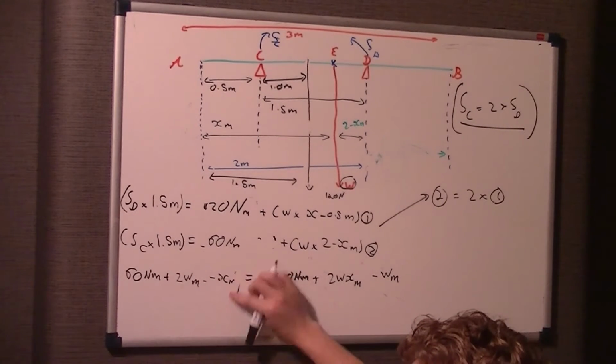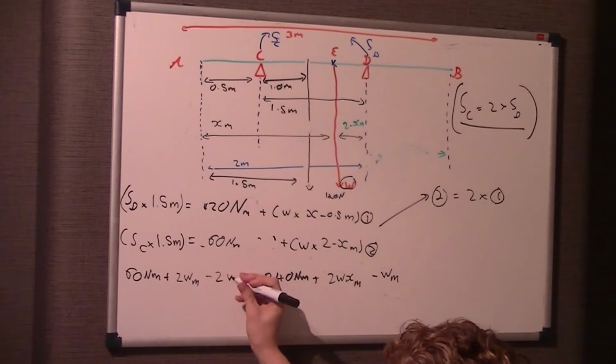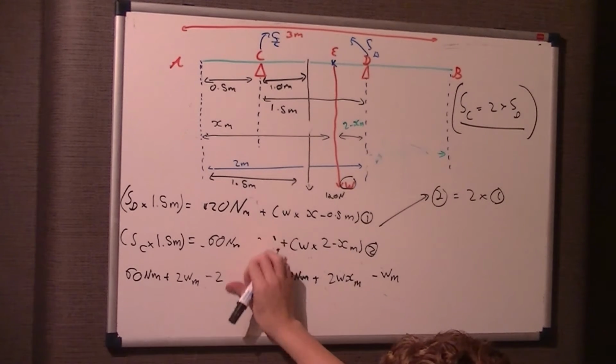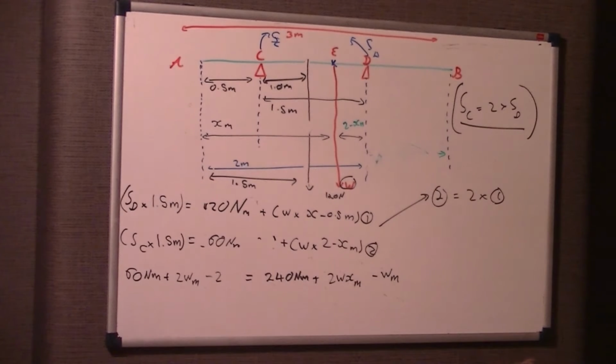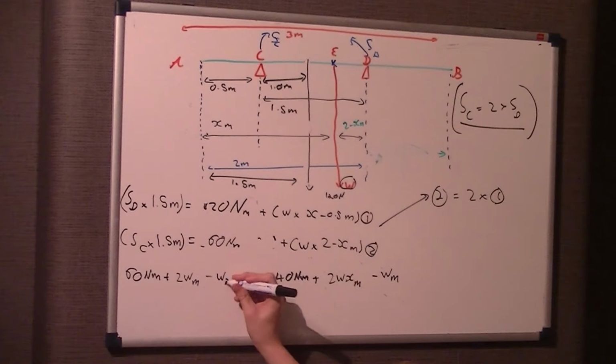W times negative X meters would be take WX meters. Sorry about this. It would be WX meters.